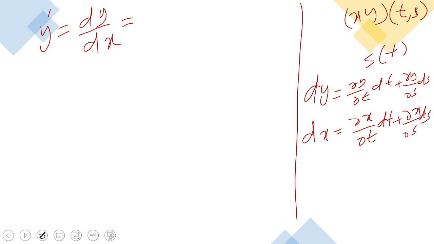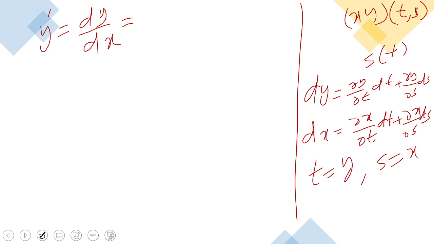So putting values in them, what is partial y by partial t? I'm writing that T is y and S is x.